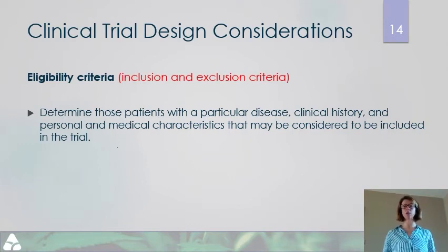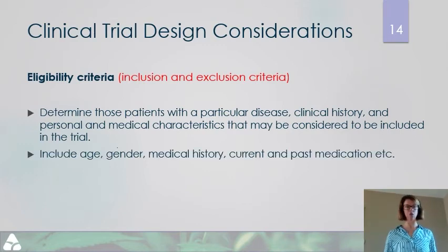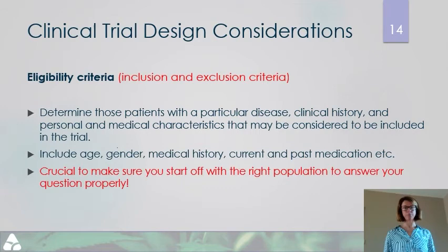So there's a whole lot of thought that goes into choosing who are the correct patients to use in a potential clinical trial. And it is absolutely crucial to make sure that you're starting off with the right population to answer your question properly. And I don't think often that enough thought is put into this, and you can sometimes read a trial and realize the reason that trial failed was because they didn't use the right patient population.